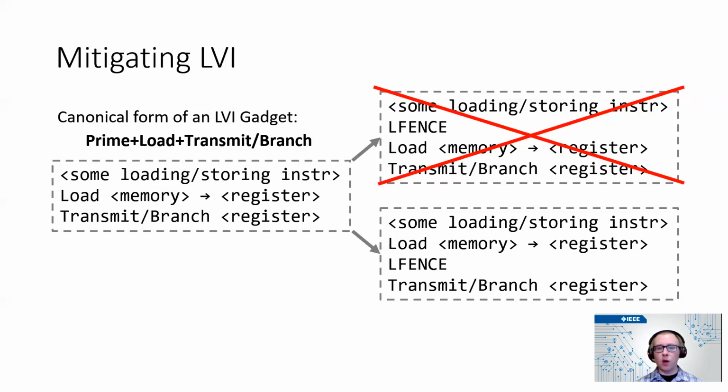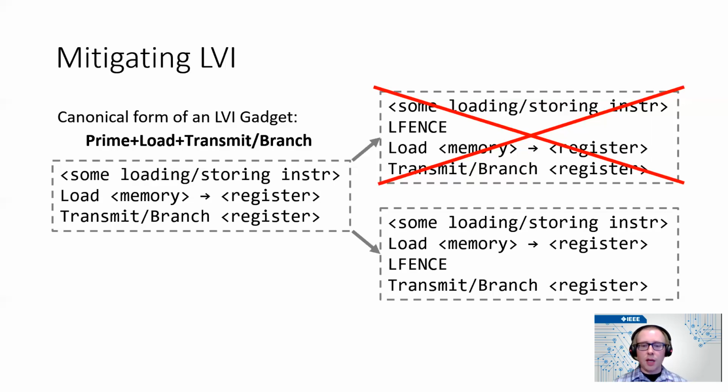So even if it were possible to precisely analyze and find all of the 4K aliasing relationships between loads and stores in each function in the enclave, this doesn't actually help at all when applying mitigations. It turned out to just be a kind of red herring. The architectural data dependency, however, between the load and the transmitter is tractable for modern compilers and static analysis techniques to determine precisely.